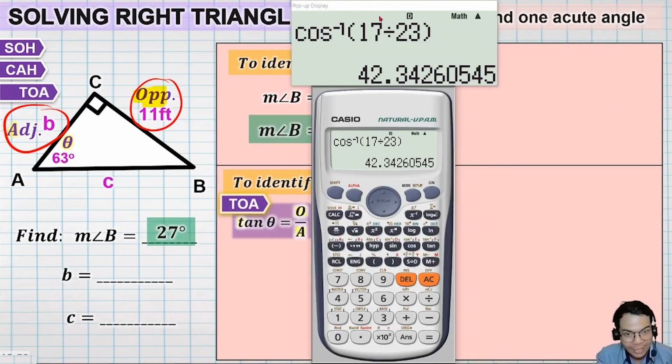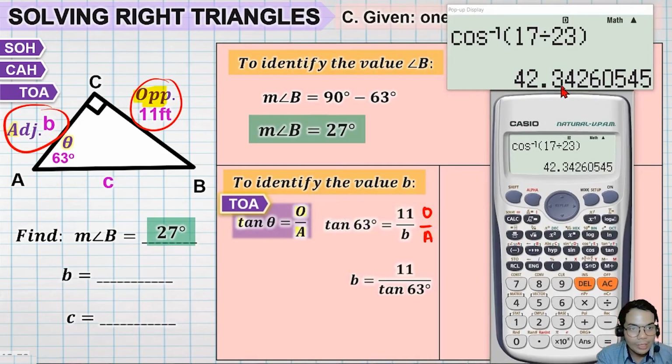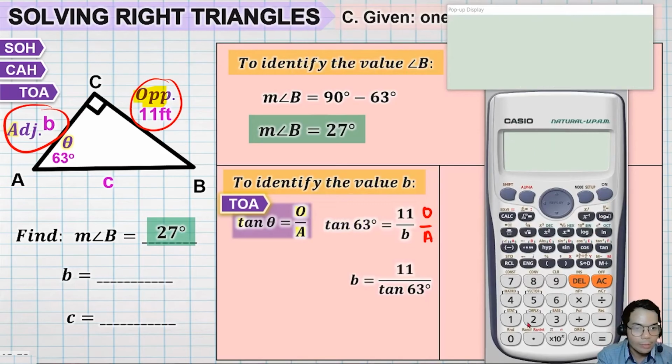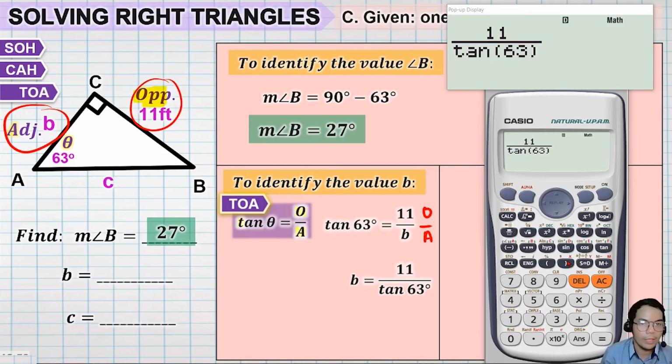And then after that, you can just input it on our scientific calculator. So, fraction 11 over tan 63. Wag niyong kakalimutan maglagay ng close parenthesis kasi usually nagma-math error yan kapag hindi kumpleto yung parenthesis sa denominator. So 11 over tangent 63 and then you press equal.